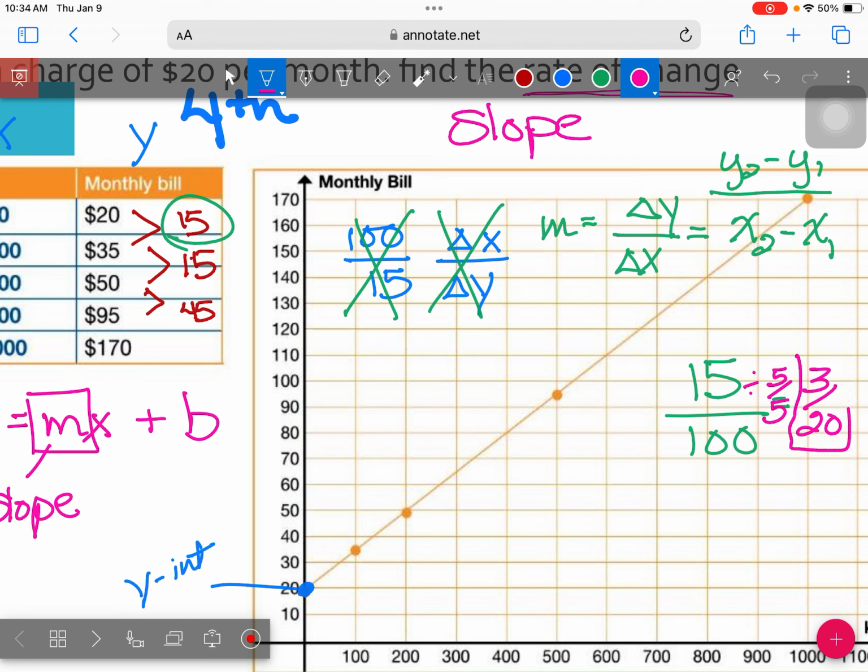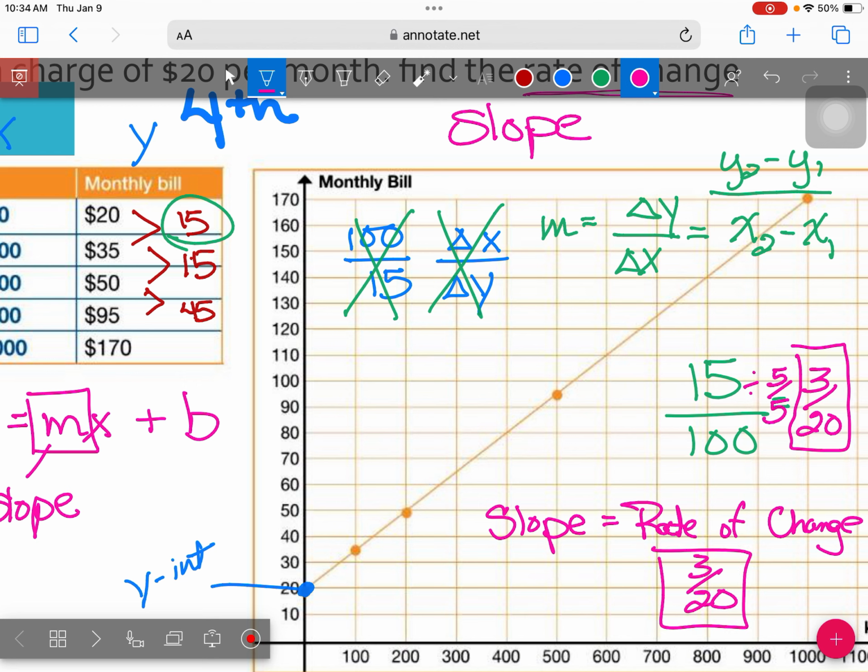So your slope here is equal to your rate of change, which is 3 out of 20. Now, because it's been a while, I would make sure you have that m, the slope, is change in y over change in x. I might also include this formula, y sub 2 minus y sub 1 divided by x sub 2 minus x sub 1.